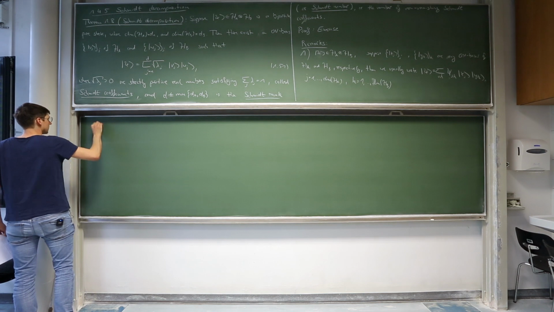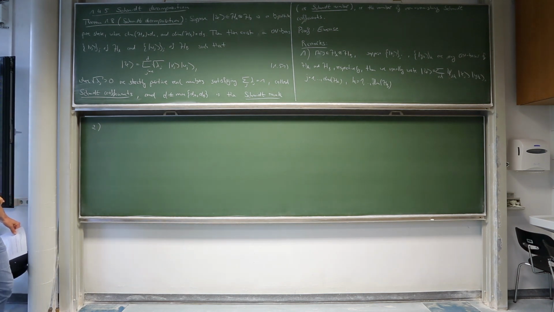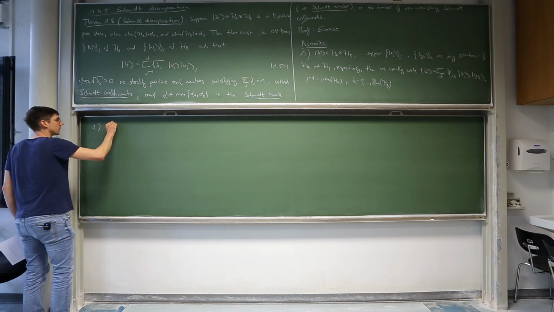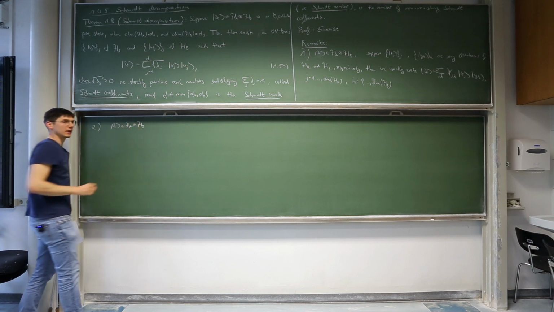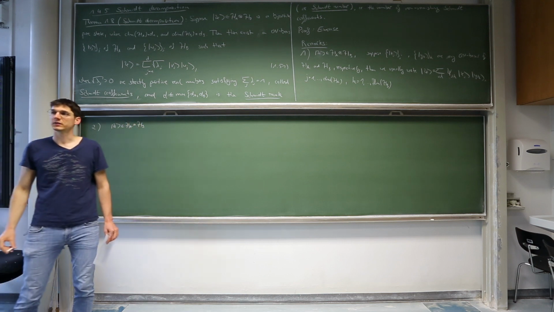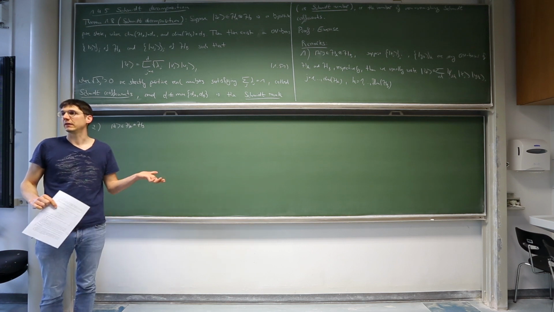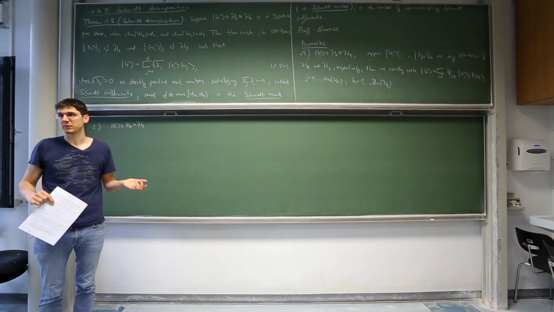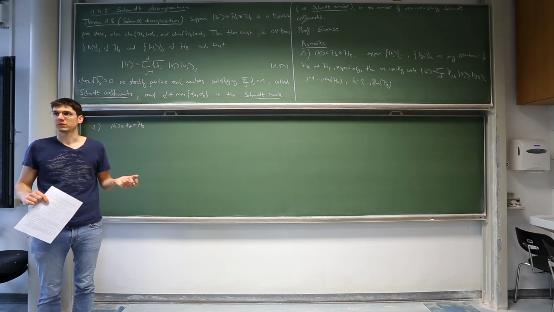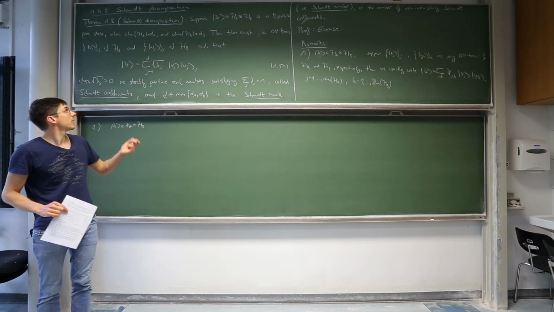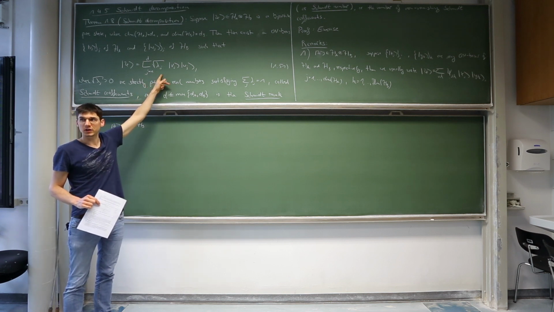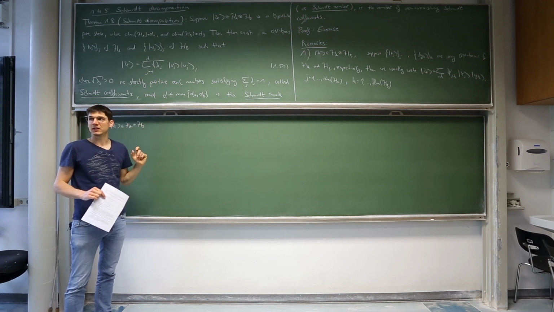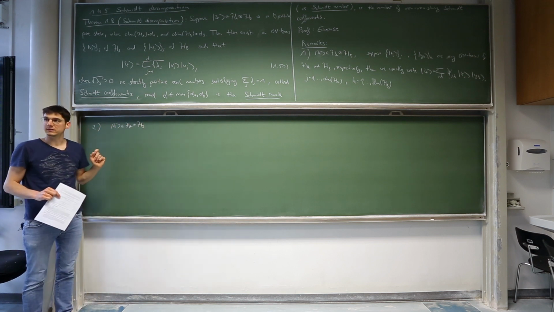Suppose now that we have such a state psi in HA tensor HB, and we would like to calculate the reduced state of subsystem A or the reduced state of subsystem B. What we'll see in a second is that these squared Schmidt coefficients, which are these lambdas, are the eigenvalues of our reduced states.